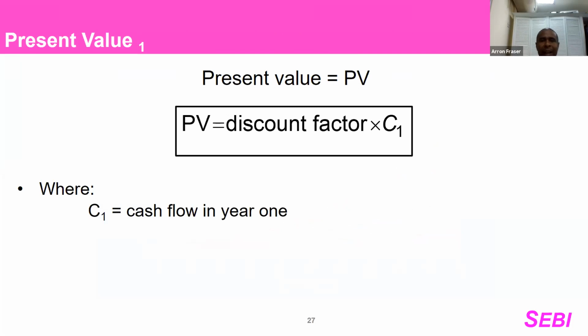If we go to present values now, present values use a discount factor times whatever the cash flow is. The cash flow could be year 1, year 2, year 3, year 4, right? So to get a present value, you use that discount factor, which is given by what you might call a hurdle rate or a cost of capital rate, times the cash flow that you receive in that particular period.